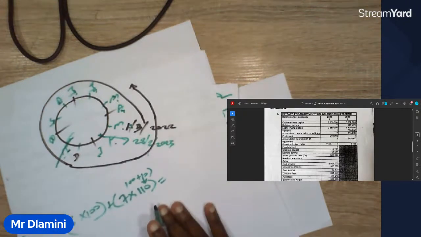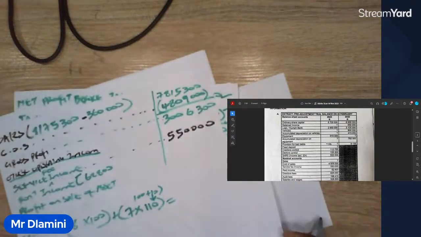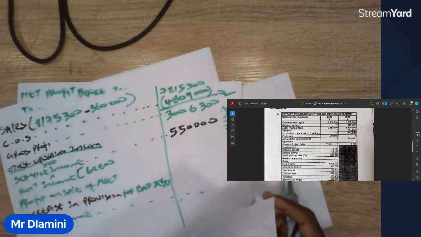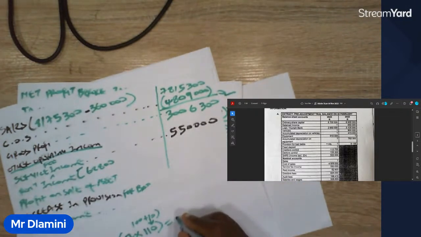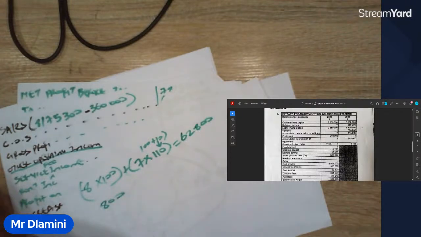Our rand, as an opening balance, 62,800 is there on the question. That is the rent income. So here 8 times 100 is 800, right?